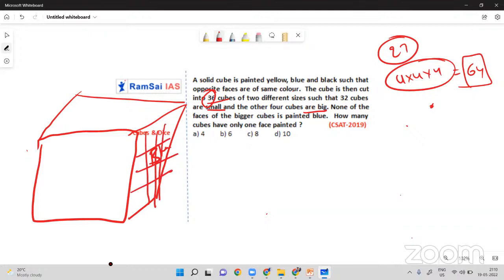Similarly opposite as well. But bigger cuts can be in black color and yellow color like this. So here I'll cut only one. I'll cut only one. And this is 1, 2, 3, 4. 1, 2, 3, 4. This is also the same line. Okay.